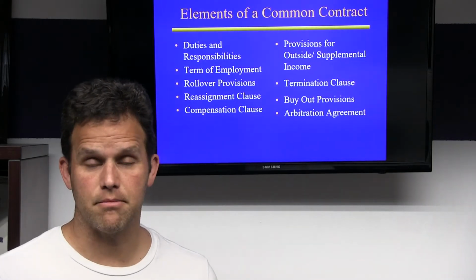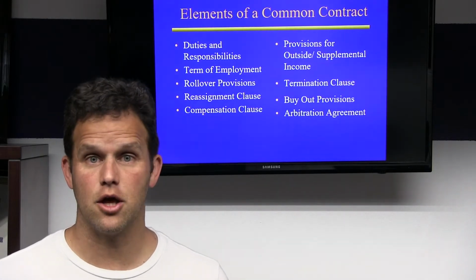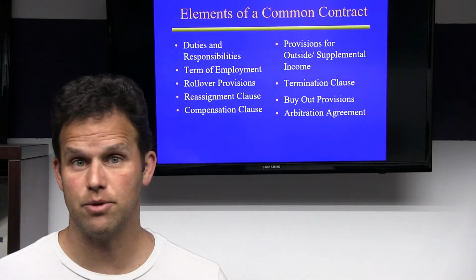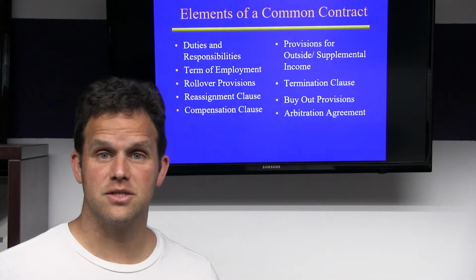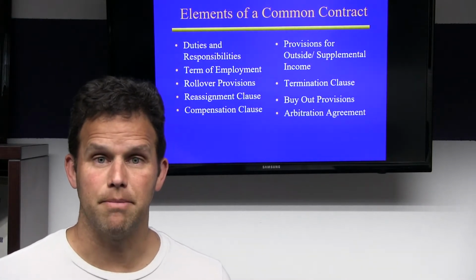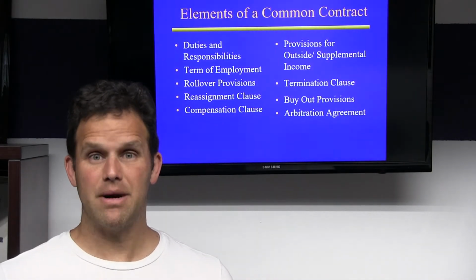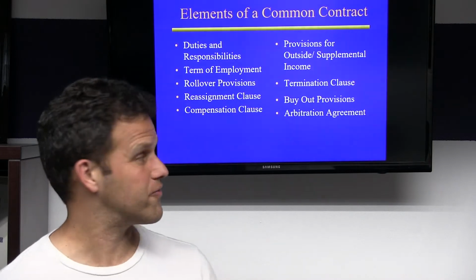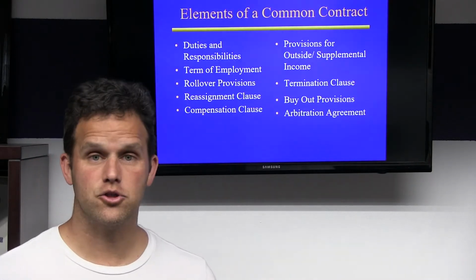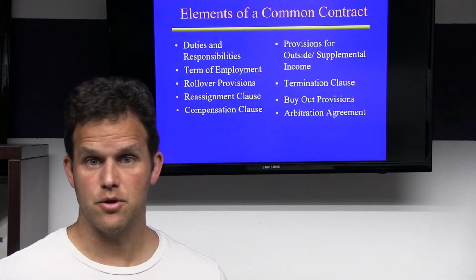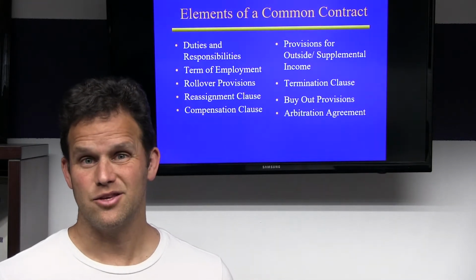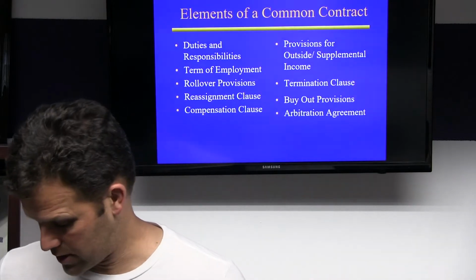Termination clauses: some contracts might have a termination clause where you get compensated regardless once you're terminated, or buyout provisions where someone can pay money to buy out your services, or arbitration agreements suggesting that if there is a dispute about your employment contract, you've agreed to settle out of court.